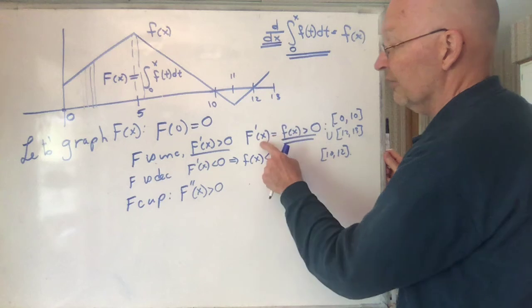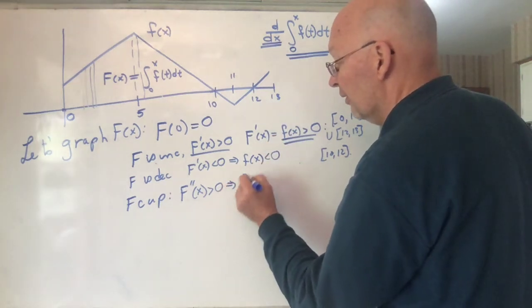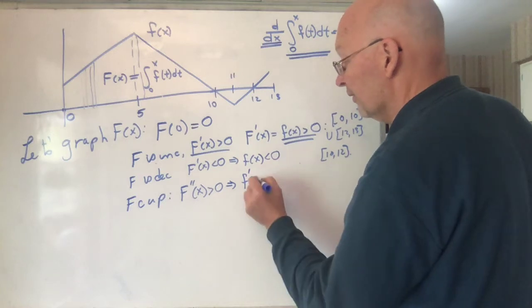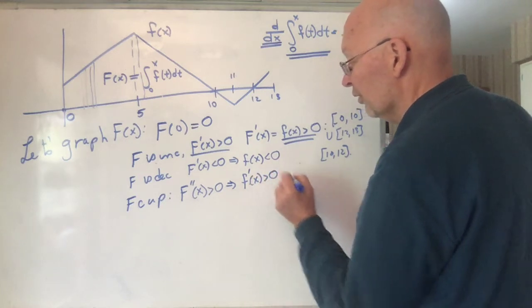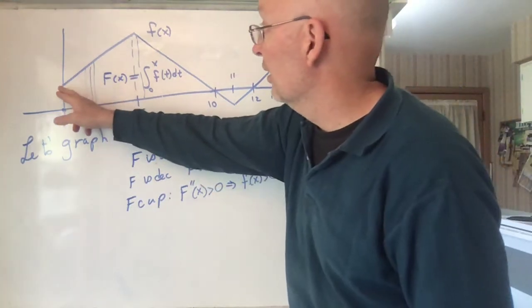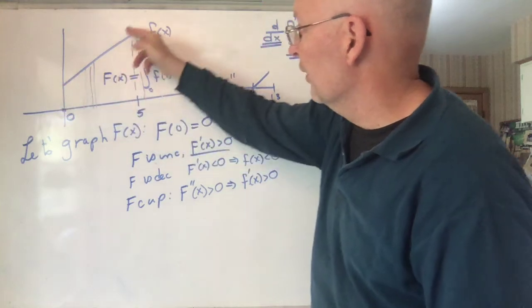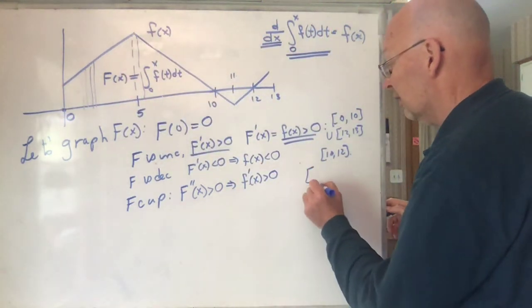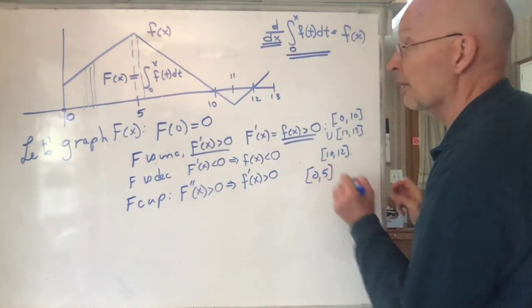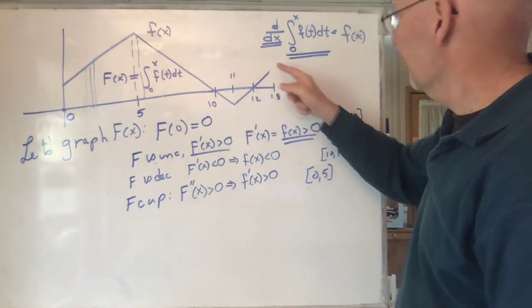This is equal to this, so the second derivative of capital F being positive implies the first derivative of small f is greater than 0. Where is the first derivative of small f greater than 0? Well, where's the slope of small f greater than 0? It's going to be from 0 to 5. And from where to where? From 11 to 13?